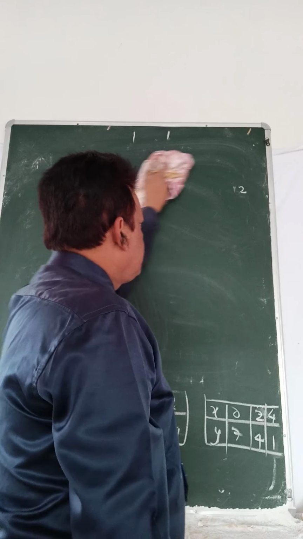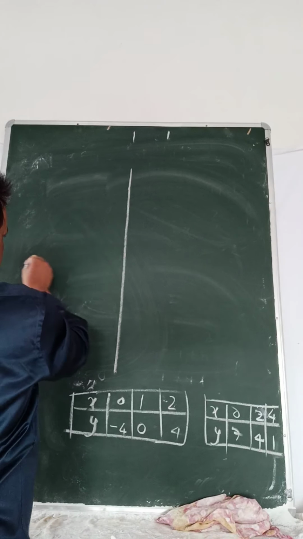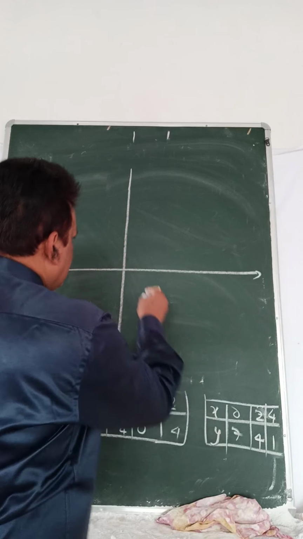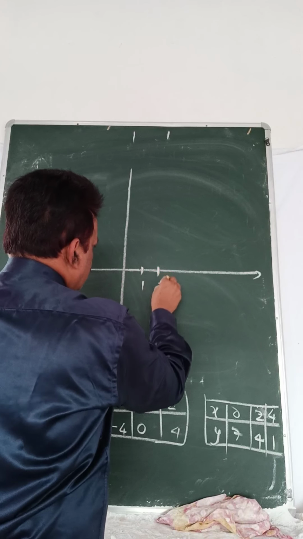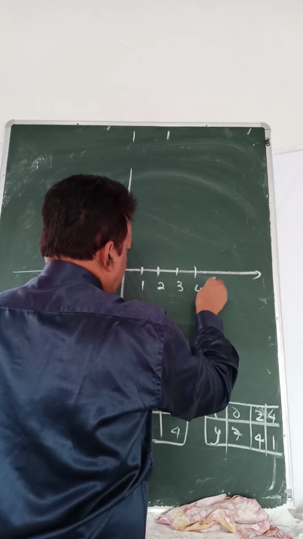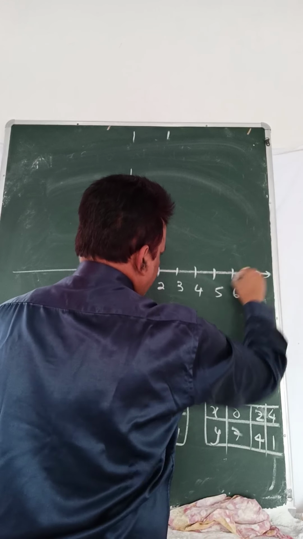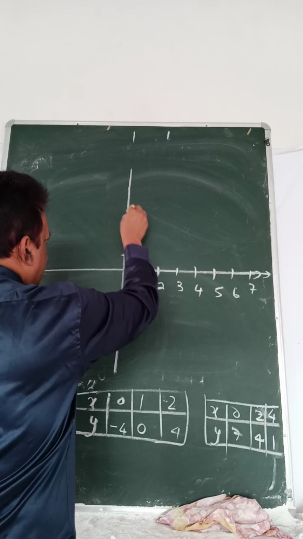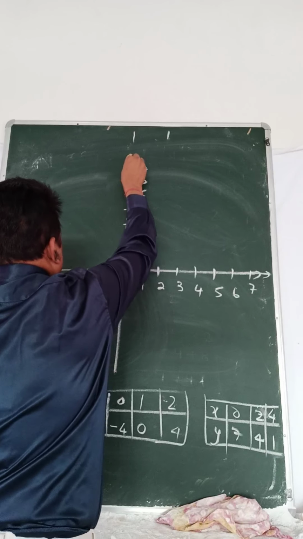Okay, how to plot this in the graph, try to see. These two tables we will put in the graph. So first you draw a straight line, put your scale. If you are not having graph paper, try to understand from here. Take equal distance, like 1, again equal distance 2, equal distance 3. This side equal distance 1, 2, 3, 4, 5, 6, 7, and so on.